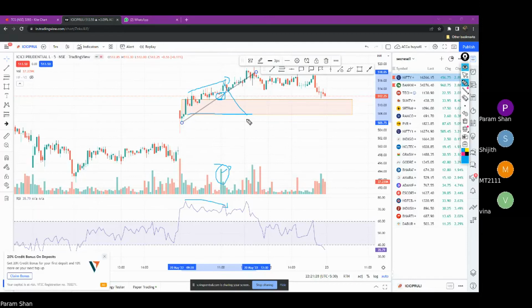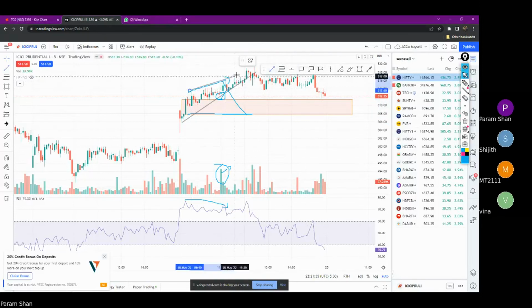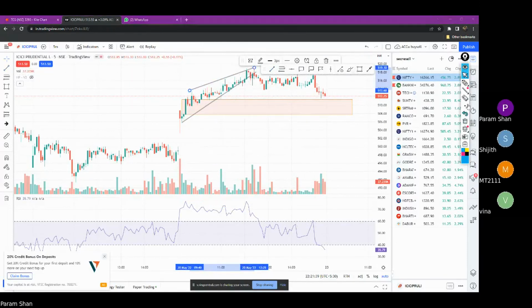Let me connect these highs. When I connect this line, you remember our price wavelength. It was going up and down between these lines. This sharp, narrow area is called a pennant.